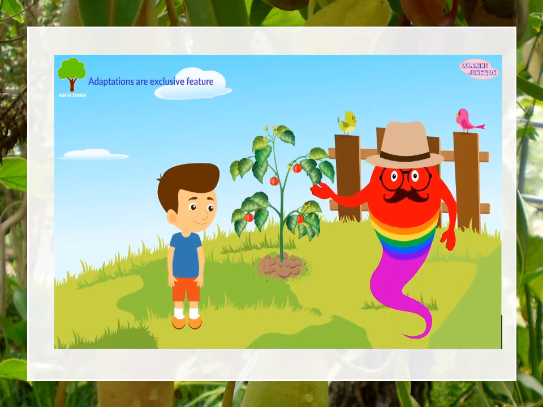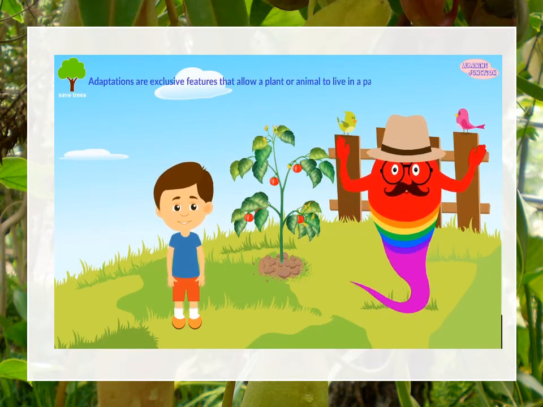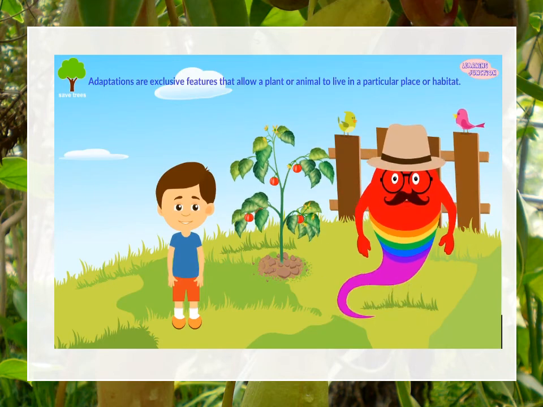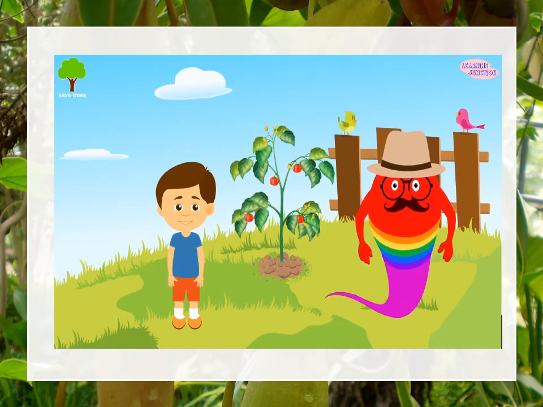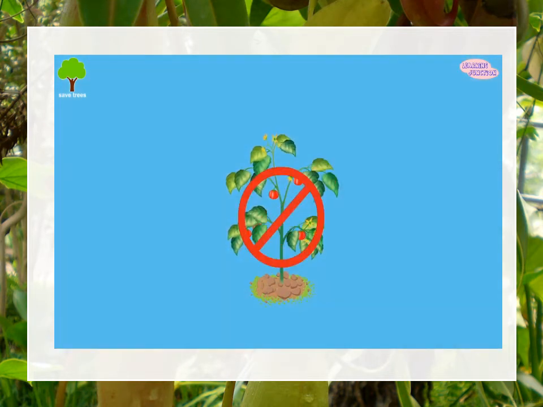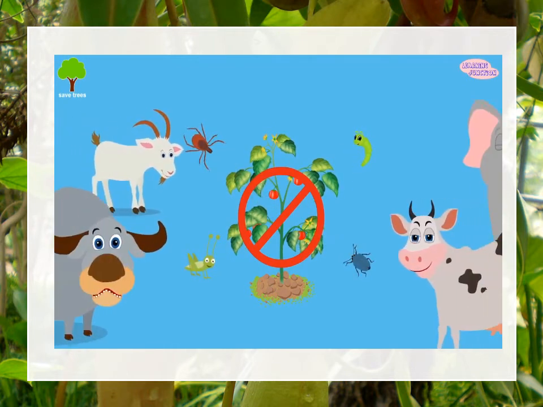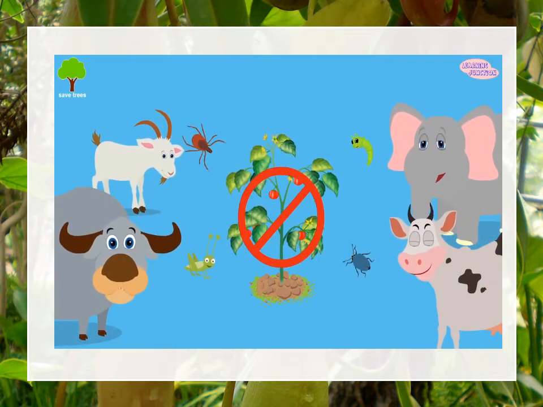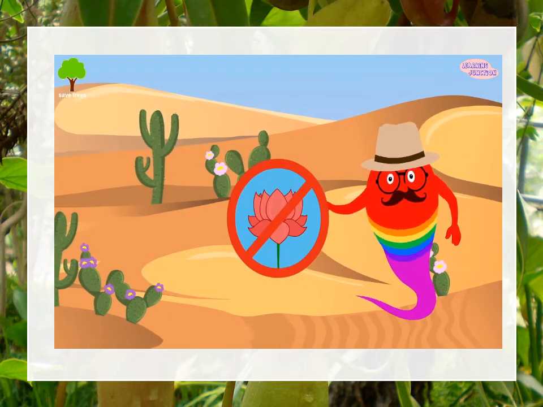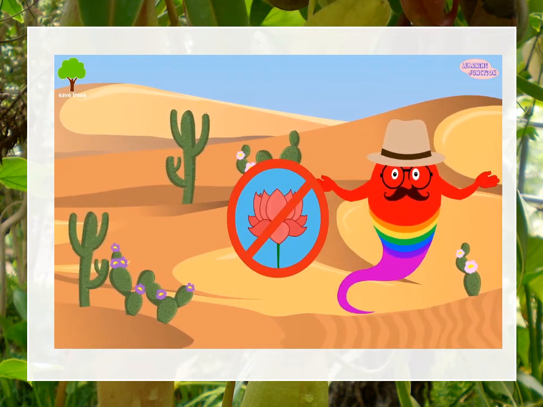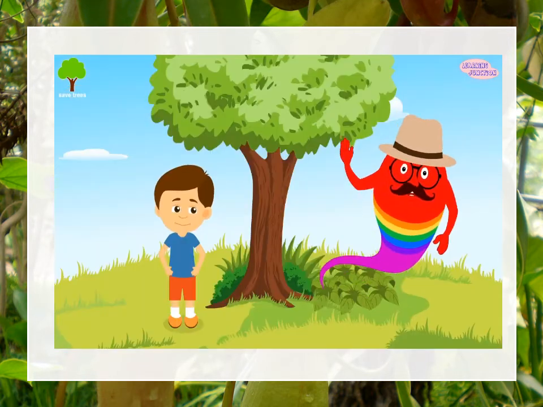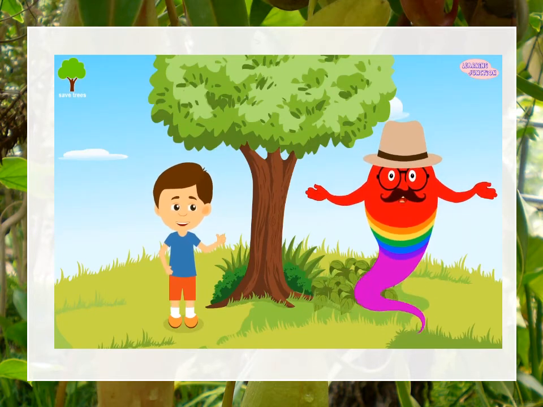Adaptations are exclusive features that allow a plant or animal to live in a particular place or habitat. These adaptations might make it very crucial for the plant to survive in a different place. That is why few plants are found in one particular area, but not in another area. Yeah, this is perfect for understanding.